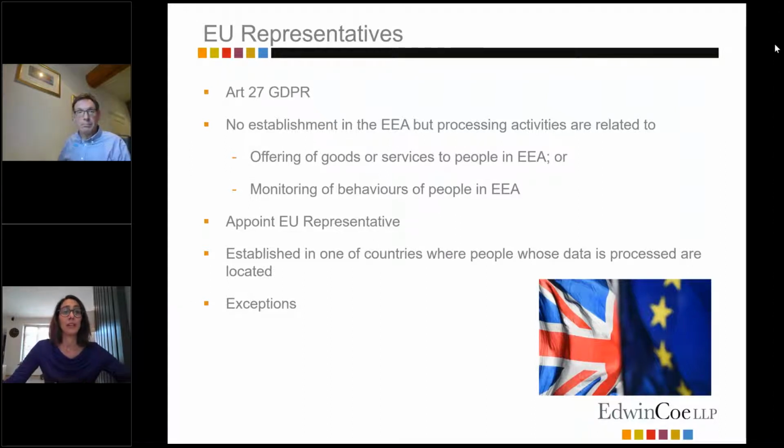It is important to note, however, that not every business will need to appoint an EU representative. You will not need one if, for example, you are a public authority, or you have a branch, office, or other establishment within the EEA, or your processing is occasional and does not involve the large-scale use of special category or criminal offence data, and the processing is of low risk to the data protection rights of the individuals.